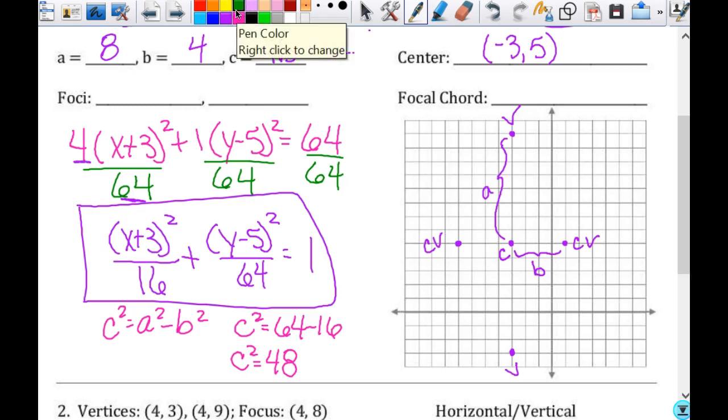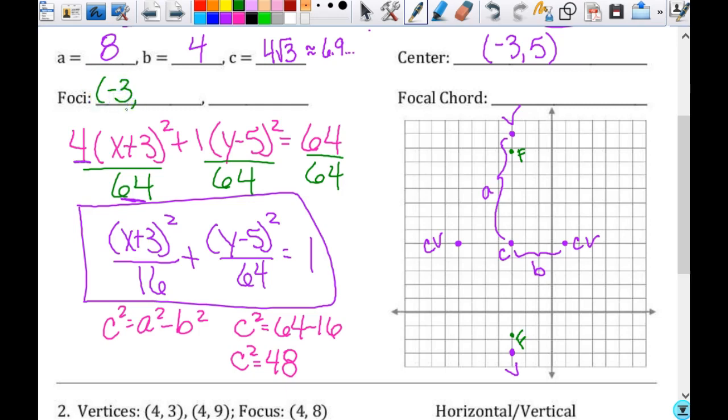A focus, okay? So from the center, I know that the focus lines up with the vertices, right? And so from the center, I go up and down about 6.9, so almost 7, so it's about right there. That's a focus right there. So my focus points, the X value is still -3, right?